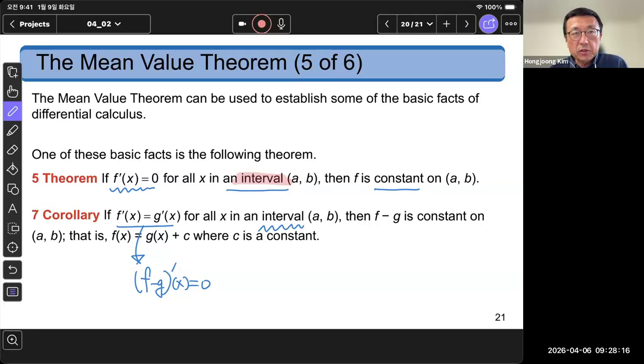If I have such a function, the function must be a constant. So f of x minus g of x must be a constant c. In other words, f of x must be g of x plus c at all points in this interval. So yes, I have such a theorem.